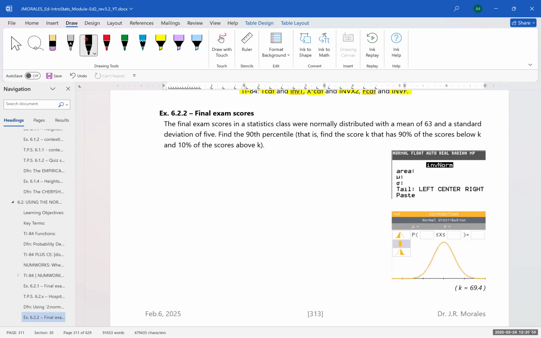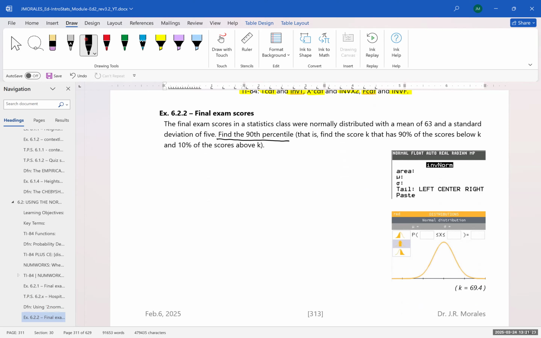Find the 90th percentile. That is, find the score K that has 90% of the scores below that value of K and 10% of the scores above it. This is in reference to percentiles that we did back in chapter 2.